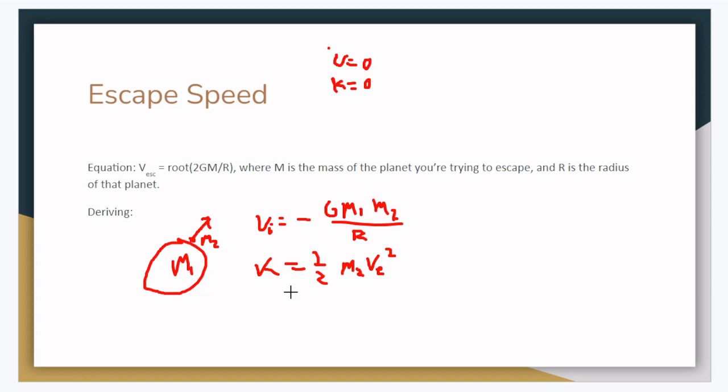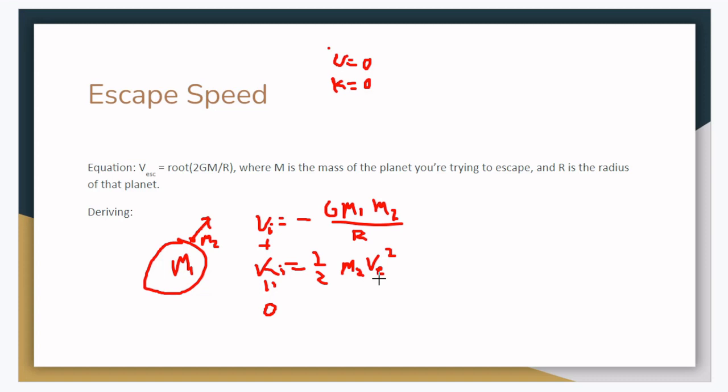And so using conservation of energy, U initial plus K initial has to equal the final U plus final K, which is equal to just 0. And so essentially what you're saying is that this negative GM1 M2 over R is equal to, if we move it to the other side of the equation, negative 1 half M2 VE squared.